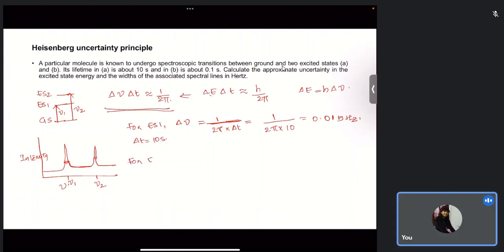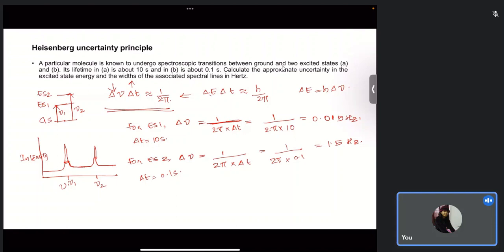For excited state 2, delta nu is equal to 1 by 2 pi into delta T. Here delta T is 0.1. This will be 1.5 volts. So when you increase the delta T, delta nu reduces.